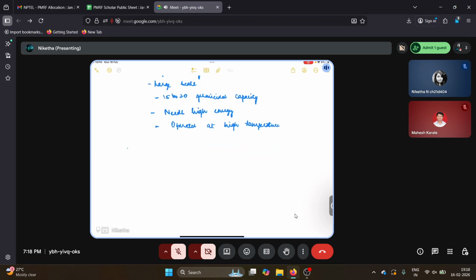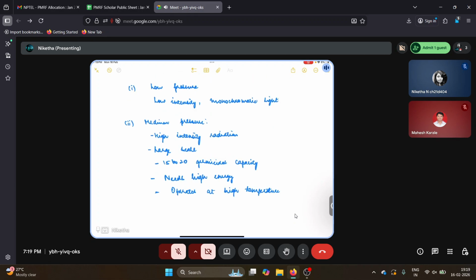Disinfection depends on two things. One is the intensity of the radiation. Like I said, medium pressure has a higher intensity, so that's why it has 15 to 20 times more germ killing capacity.